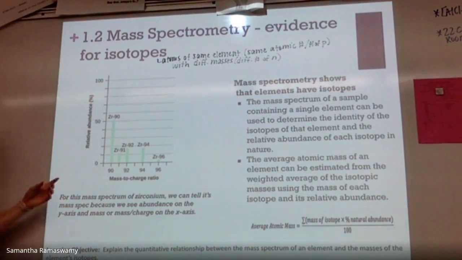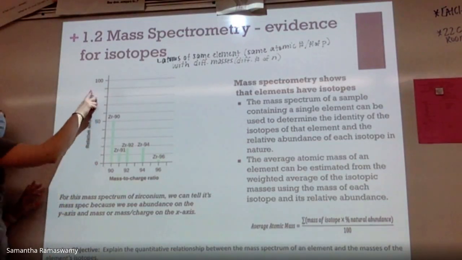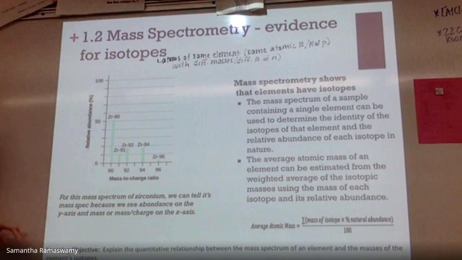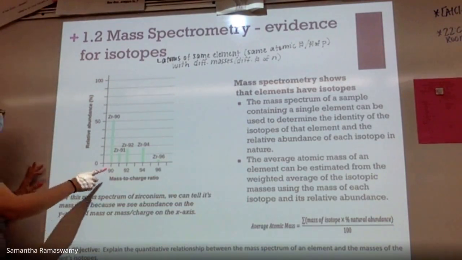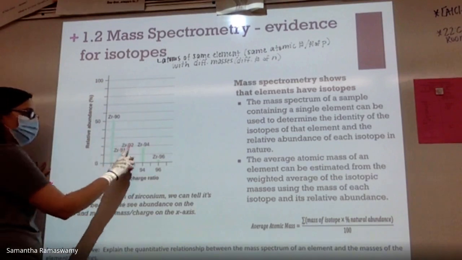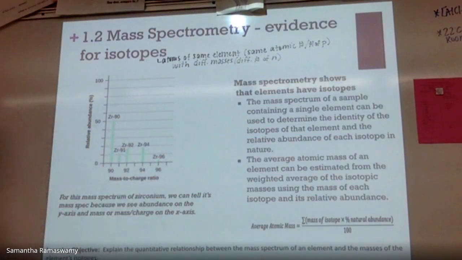You know that it's a mass spectrum when you see abundance on the y-axis. Your x-axis might be mass or mass to charge, but our y-axis is always abundance. So notice how here we see 1, 2, 3, 4, 5 peaks. That means we have 5 isotopes.